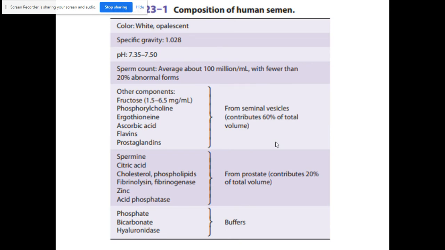We're now heading to the composition of human semen. In this table, you can see that the fluid is ejaculated at the time of orgasm. The semen contains sperm and the secretions of the seminal vesicles, prostate, Cowper's gland, and probably the urethral glands. The color is white, the specific gravity is 1.028, and the pH is about 7.35 to 7.50.